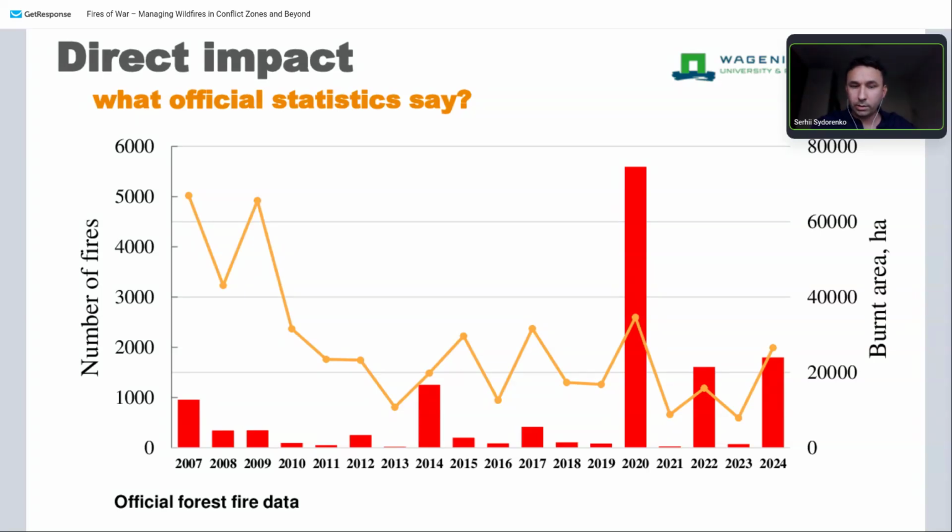It is only a part of the situation with forest fires. As you see, the situation was not so dramatic according to the data of the Forest Agency of Ukraine. But this statistic, again, is incomplete. It doesn't have statistics from the front line, from the close buffer to the front line, and from occupied territory as well.